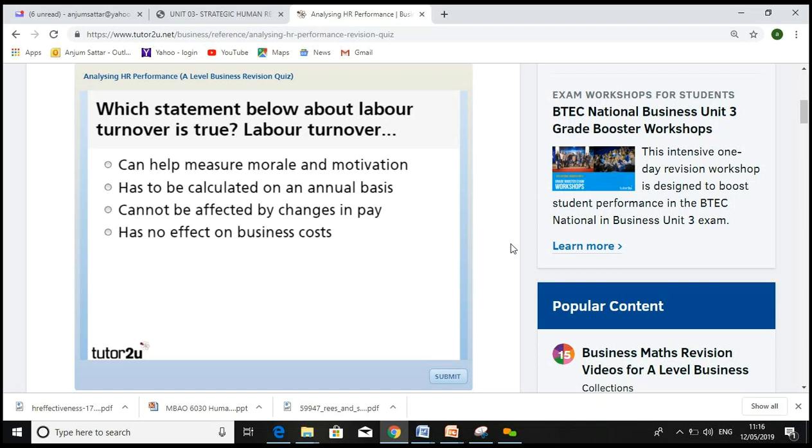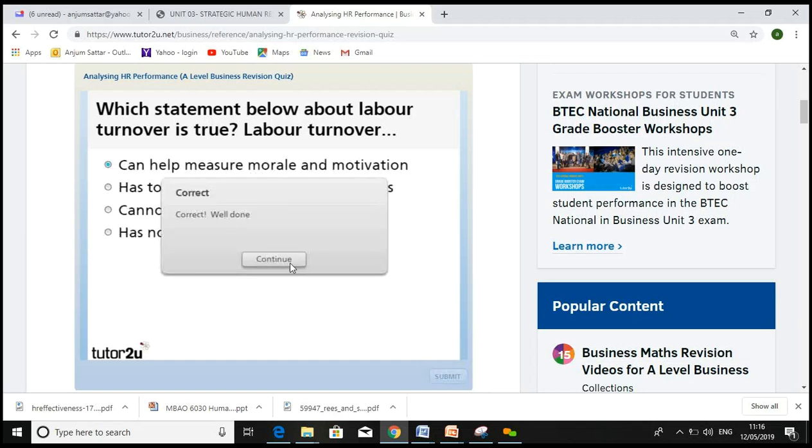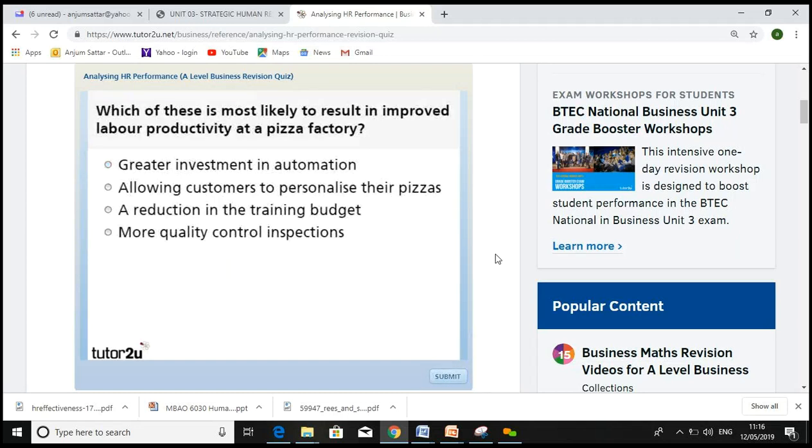Well, it should be calculated on an annual basis. Okay, let's use A. Well done, correct, yes.